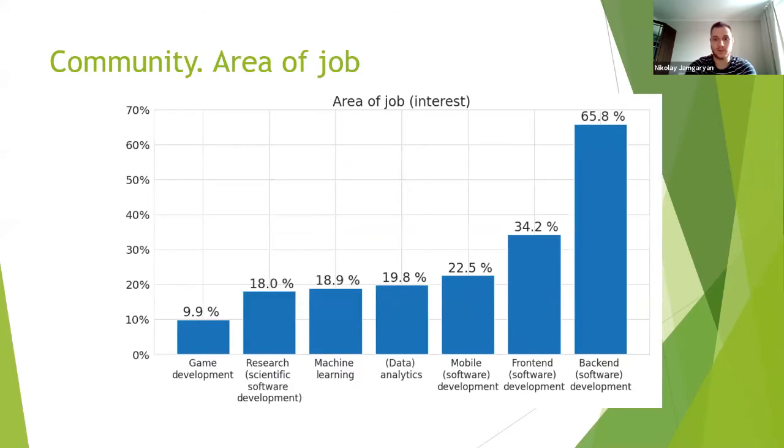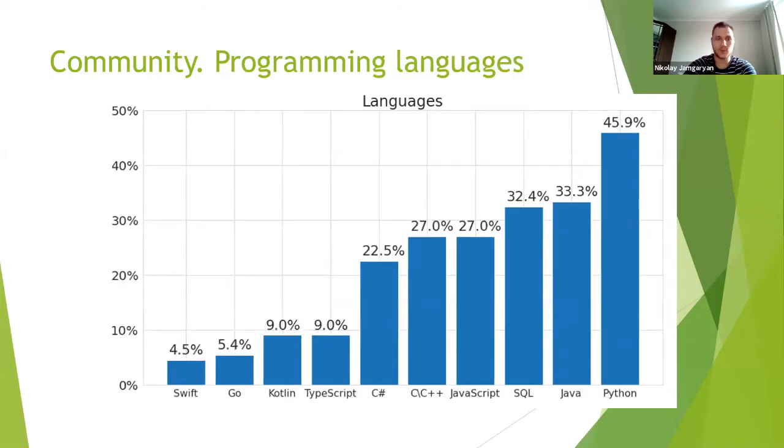The next question was about job area. Here you can see that our developers participated in the most popular areas nowadays, with most of them participating in front-end development and back-end development. On the questions about technologies and programming languages, our developers answered in this manner.